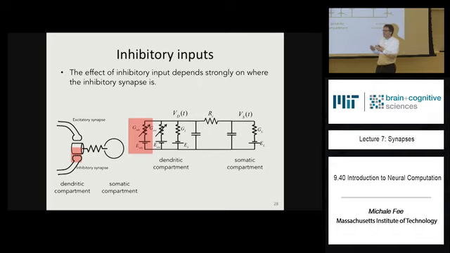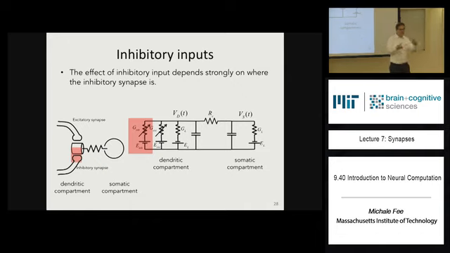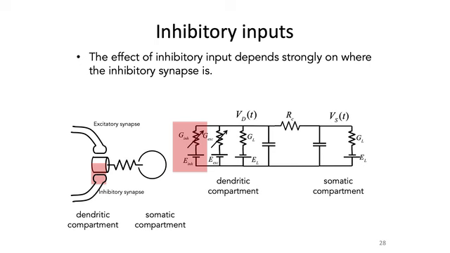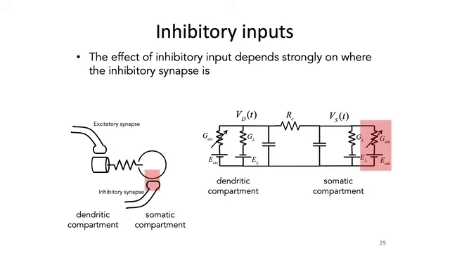There are actually different kinds of inhibitory neurons that preferentially connect onto dendrites and others that preferentially connect onto the somata. And it turns out there's a really interesting story about how that inhibition has a different effect, whether it's connected to the dendrite or to the soma.